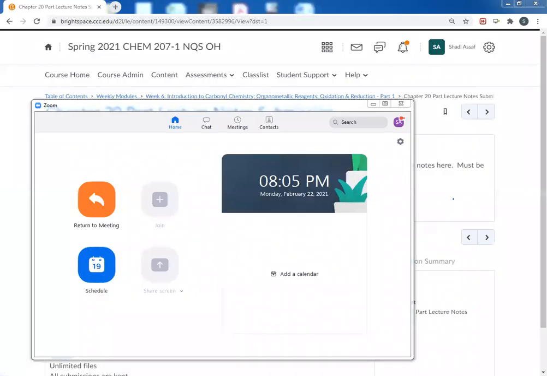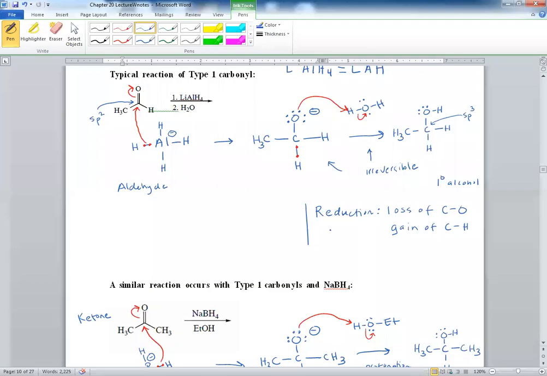So we went from having a carbonyl, carbon-oxygen double bond, to carbon-oxygen single bond, but also a carbon-hydrogen single bond. That was the change. So that would be a reduction.